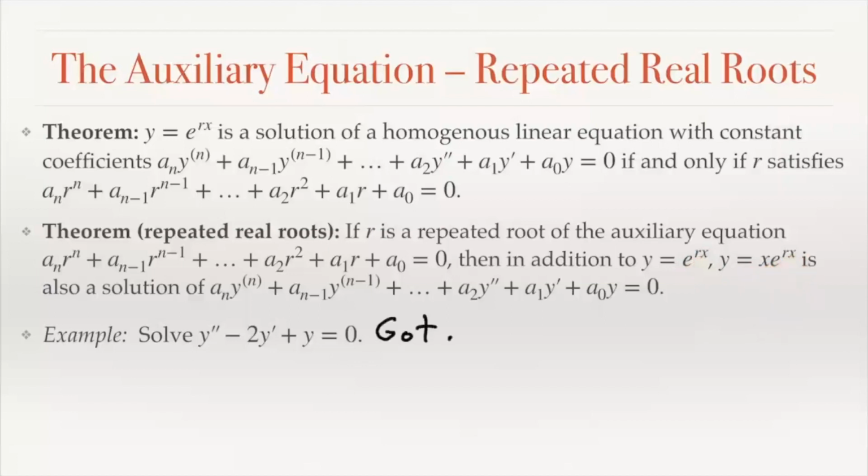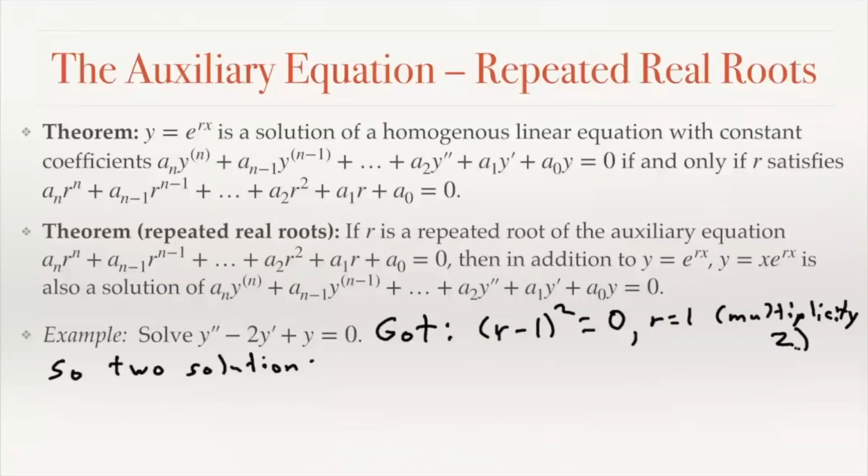So for this one, we got that (r minus 1) squared is 0, so r is equal to 1 with multiplicity 2. So 2 solutions are therefore e to the x and also x times e to the x. Again, there's a 1 there, that's our r x up there.